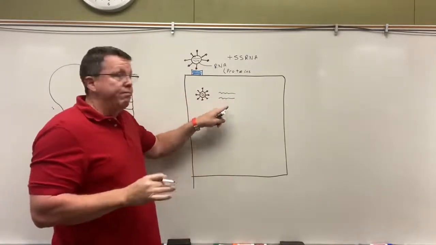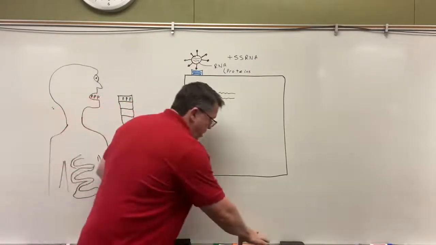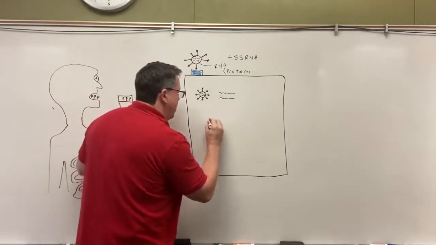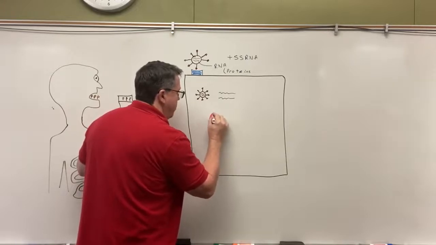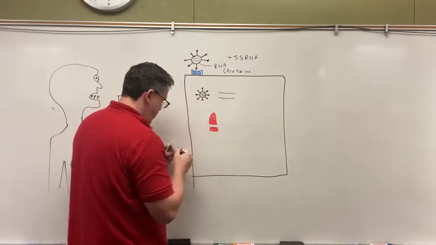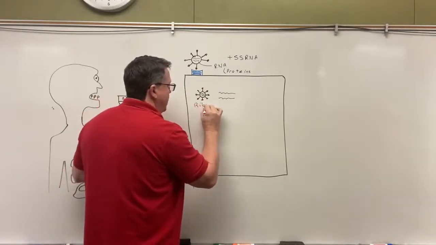Or my RNA. Two things are going to happen with this RNA. First of all, inside of your cells, you have something called a ribosome. Okay, here's a ribosome. And what ribosomes do is ribosomes make proteins.